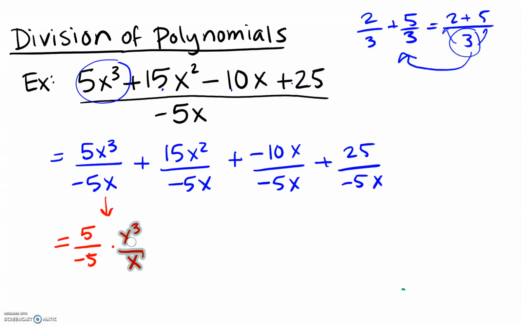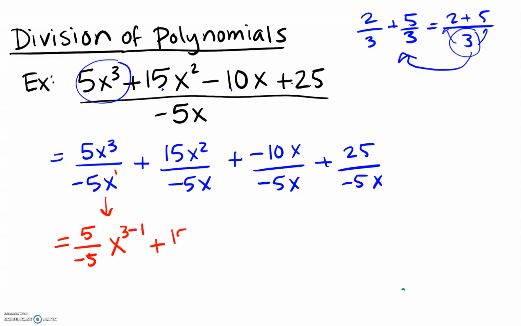So I'm not going to rewrite this part. I'll leave the 5 over -5 because it's not a bad way to stay organized. But I'm going to change this to x to the 3 minus 1. We know the quotient rule for exponents tells us that we just subtract exponents when we are dividing two things, same base, different powers.